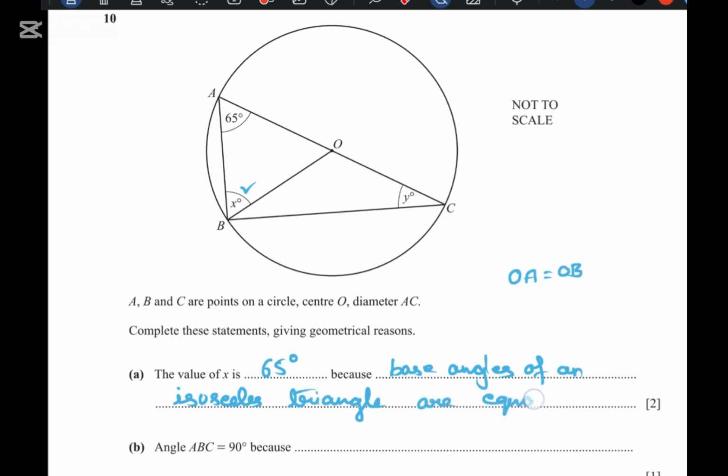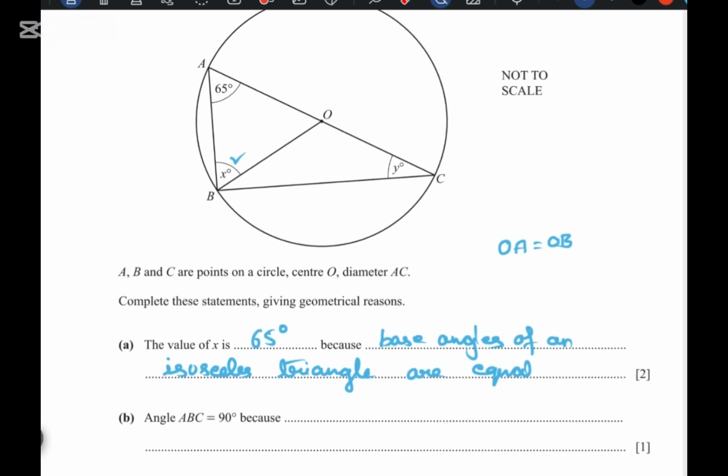This is A, done. Now B: angle ABC is equal to 90 degrees. Why is that 90 degrees? You see that AC is a diameter, that means this is half of the circle. So this angle is in the semicircle.